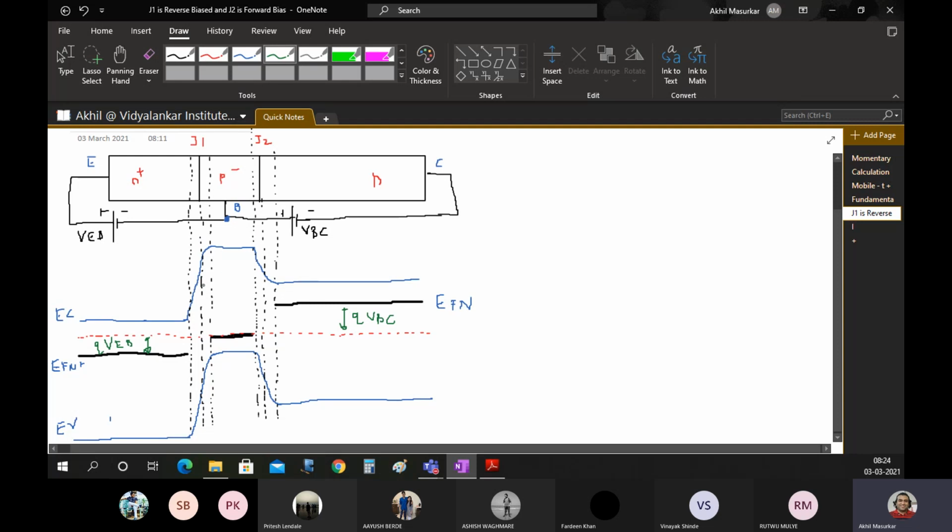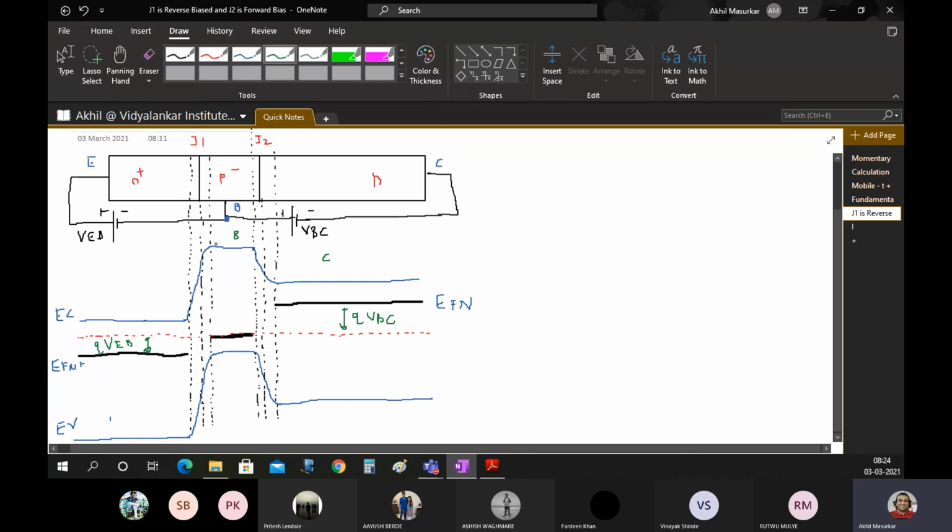So you can see that you require a very small voltage to align the conduction band of collector and base, and on the other side there is a huge valley, so you are pushing the electrons from the collector over this cliff.